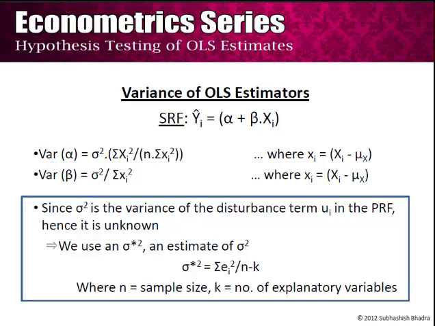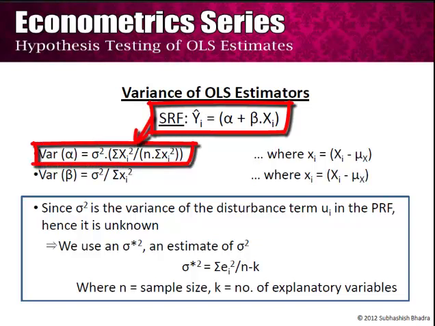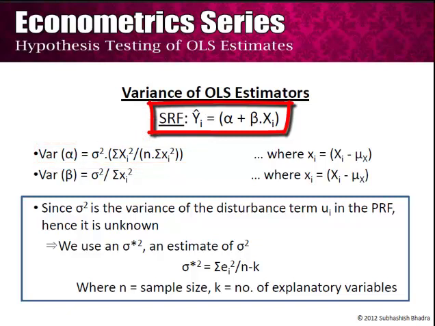So if we have a sample regression function which is yi hat equal to alpha plus beta xi, then the variance of alpha equals sigma square, which is the variance of the population error term ui, into summation xi square, where x is the value of the independent variable, divided by n times summation xi square, where the small x is the deviation of xi from its mean value mu x.